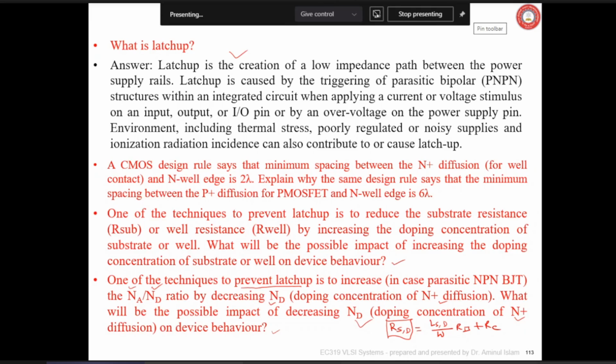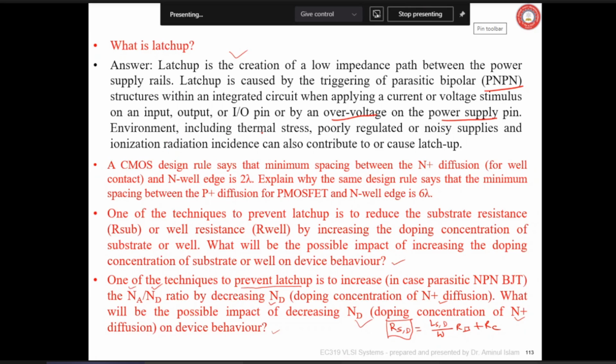Before that, as a definition, latch up is the creation of a low impedance path between the power supply rails. Power supply rails means between VDD and ground. Latch up is caused by triggering the parasitic PNPN or NPNP structures within an integrated circuit when applying a current or voltage stimulus on an input, output or IO pin, or by an over voltage on the power supply pin.